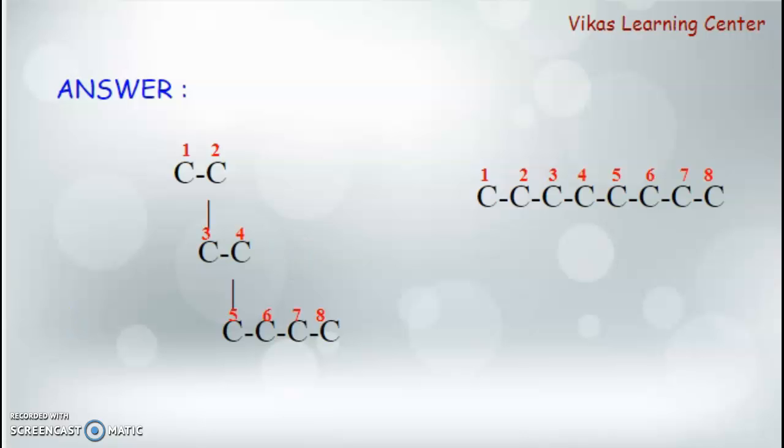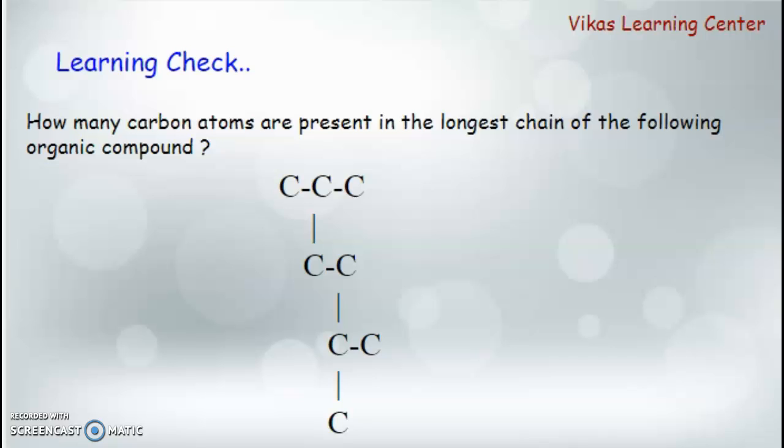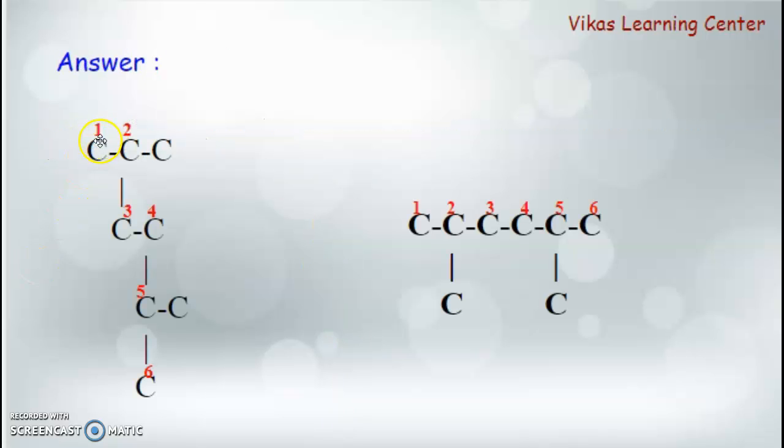Here goes another question. How many carbon atoms are present in the longest chain of the following organic compound? So, let's start numbering this compound. 1, 2, 3, 4, 5 and 6. So, we ignored the carbon atoms that are attached to the 5th and the 2nd carbon atom.